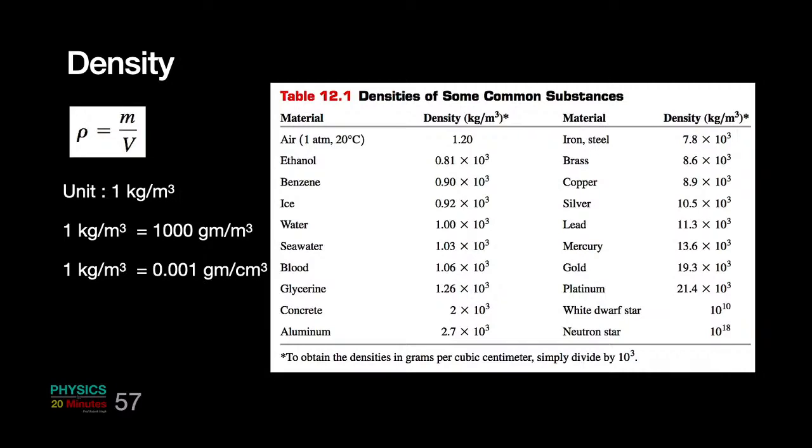I have a small table here which gives the densities of various substances which we use in our day-to-day lives. Please check it. Air has a density of 1.2 kg per meter cube.